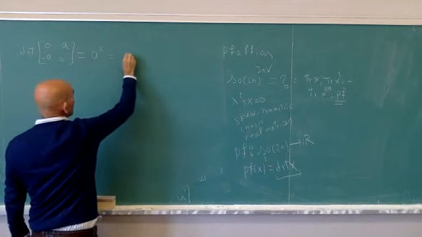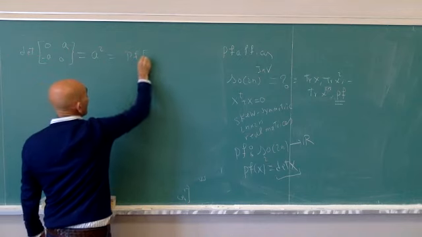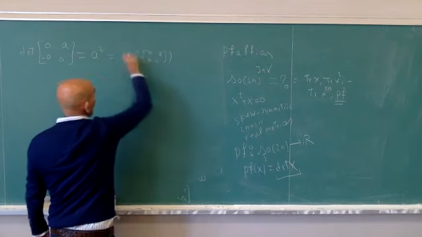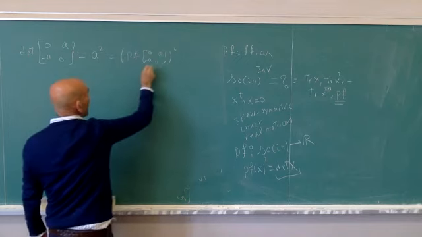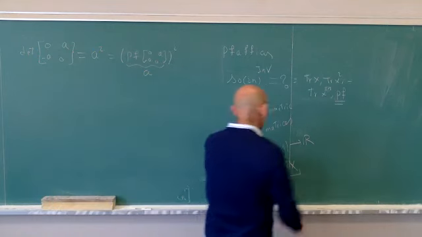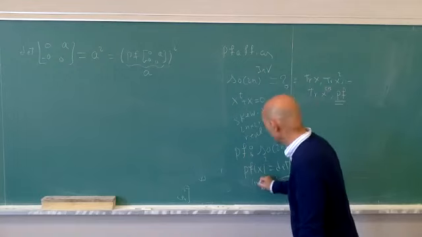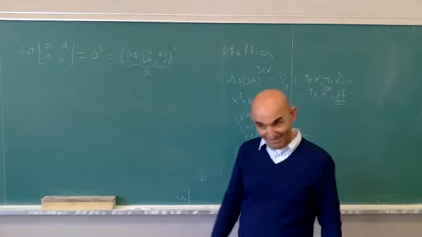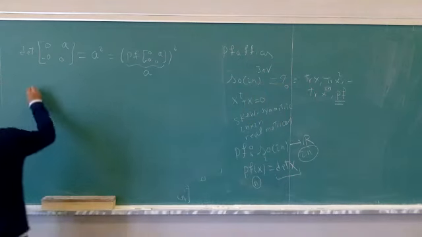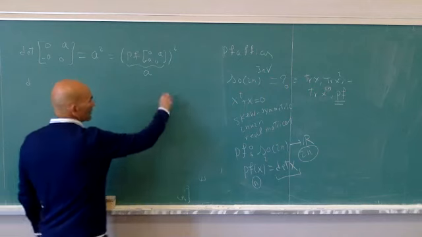Of course, that is equal to Pfaffian of A squared. You declare Pfaffian to be this. So determinant has degree 2n, but Pfaffian must have degree n. Pfaffian has degree n.